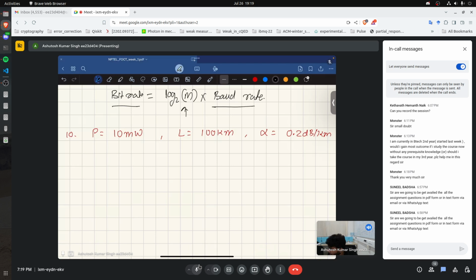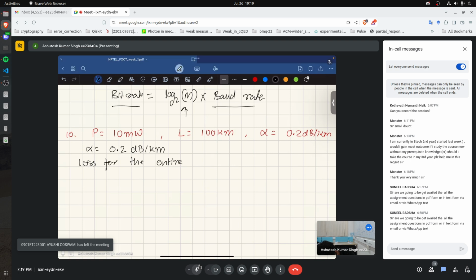Now, what happens is, if attenuation is given for 1 kilometer, which is 0.2 dB per kilometer, and I have to find it for the entire length, I will take alpha and multiply it by the total length.